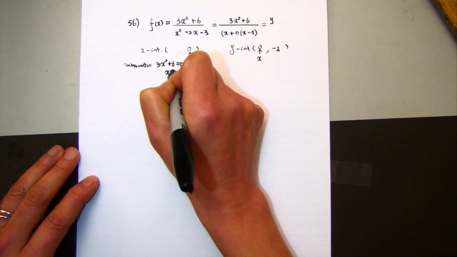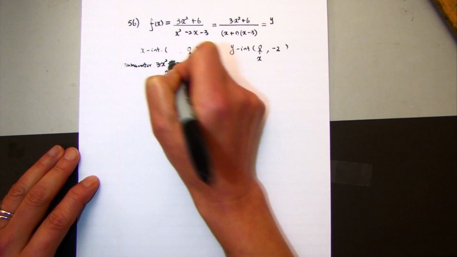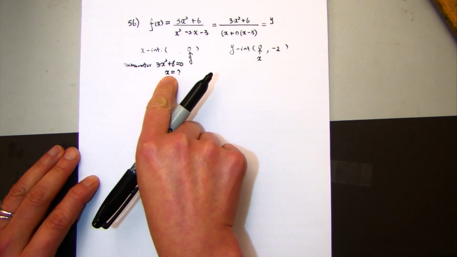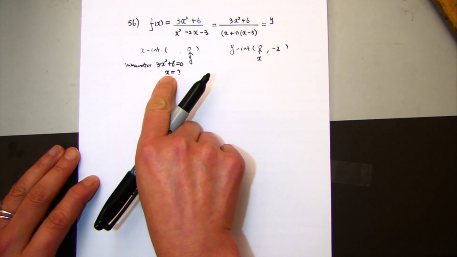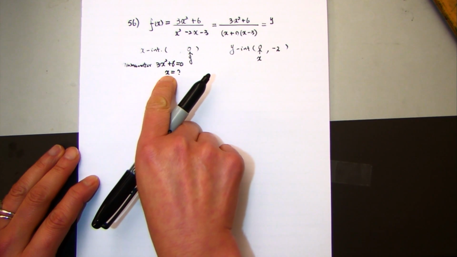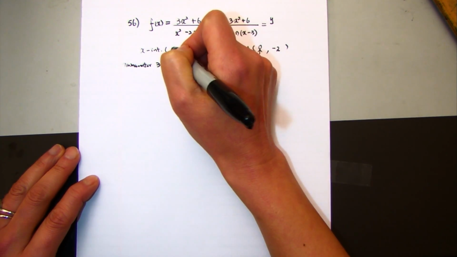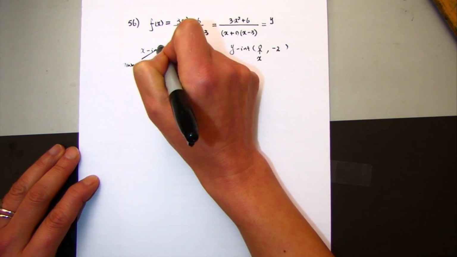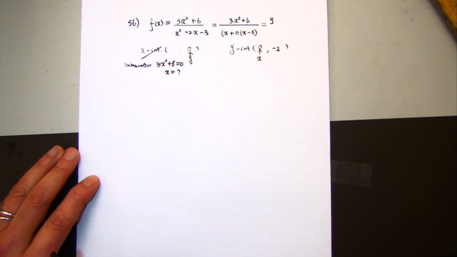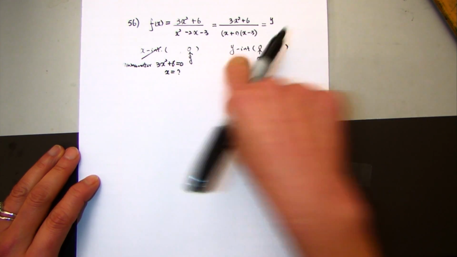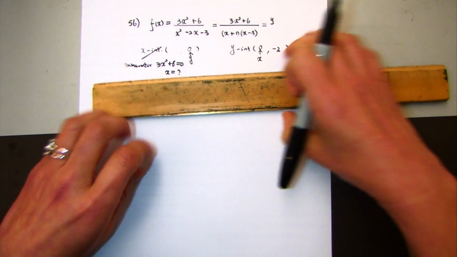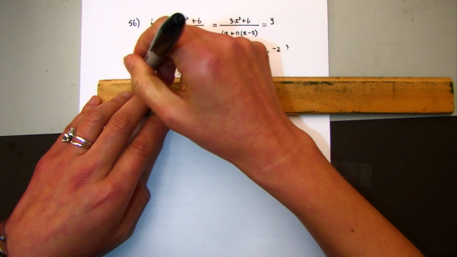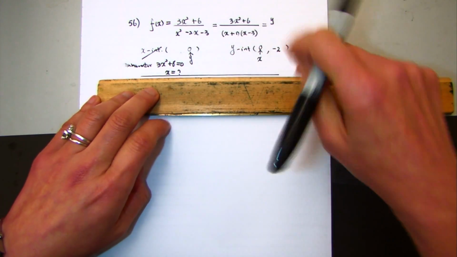Can I have a real-valued solution for x? No, not really. There are no real answers for this equation, so I can't find anything here. Therefore, we don't have an x-intercept. We only have a y-intercept. That's fine. So far we only have one point.